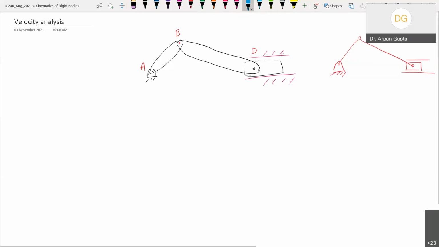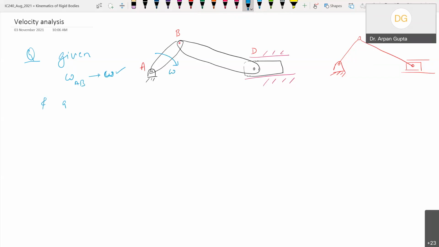The question is that, given omega of AB, let's say this is given to us as omega and this is known to you, right? So let's say we are given that this rotates with an angular velocity of omega, given the omega and the geometry.